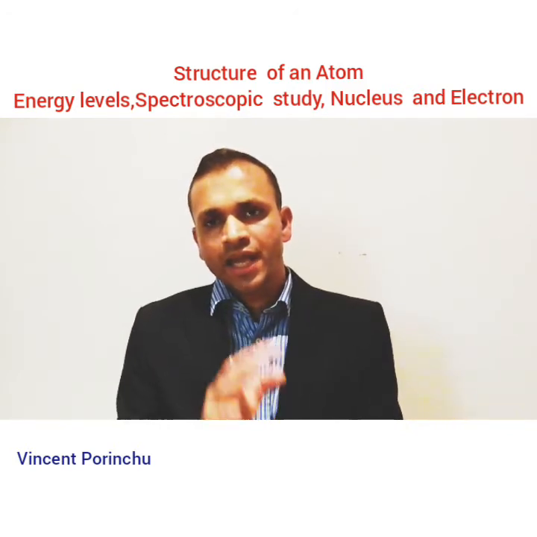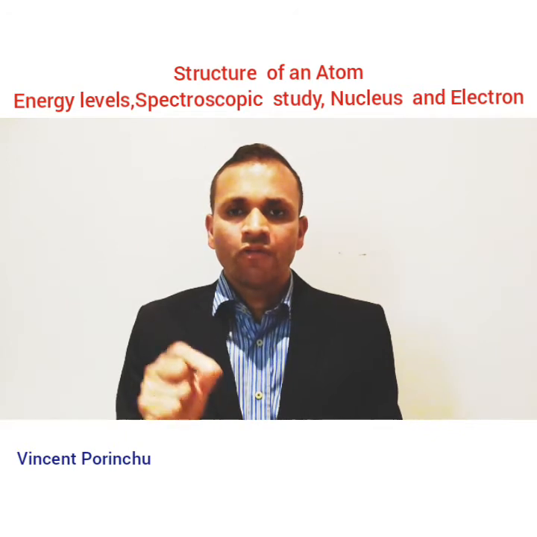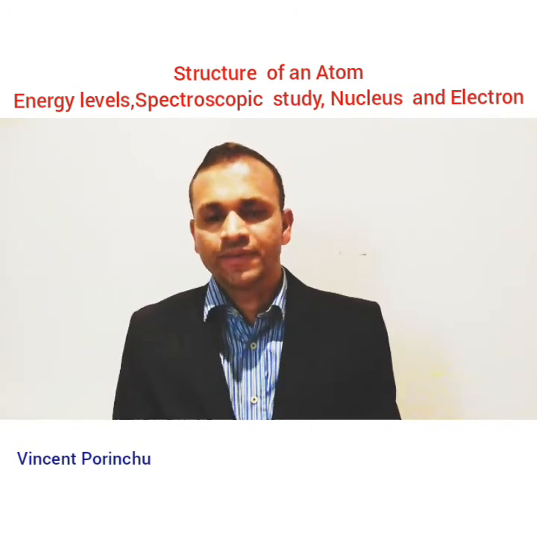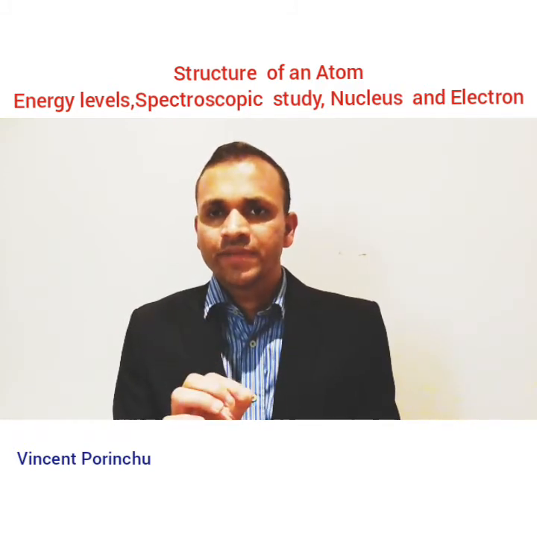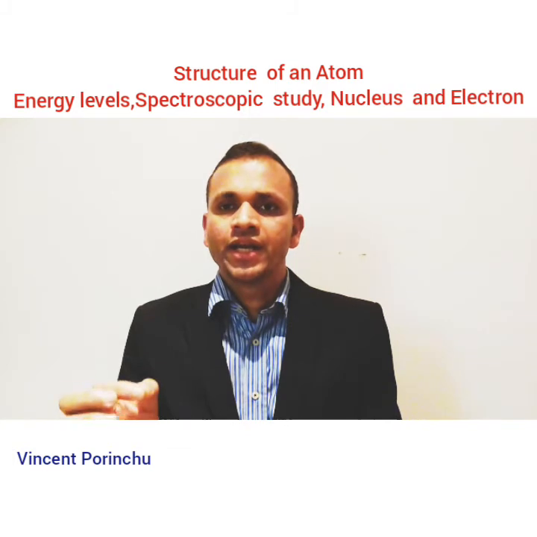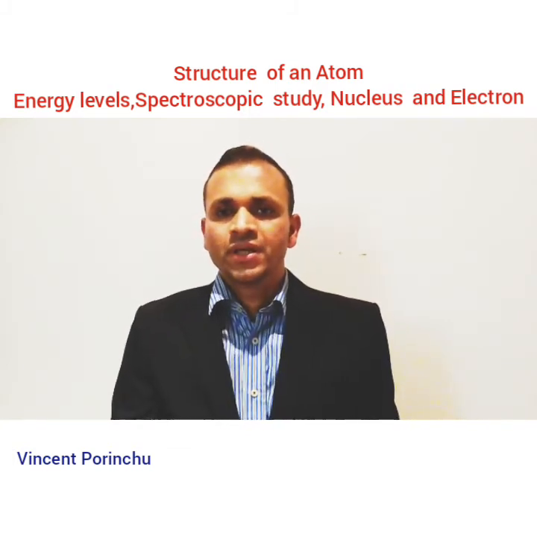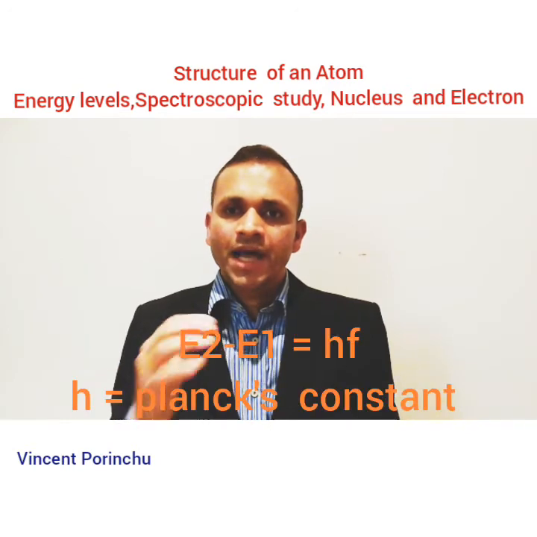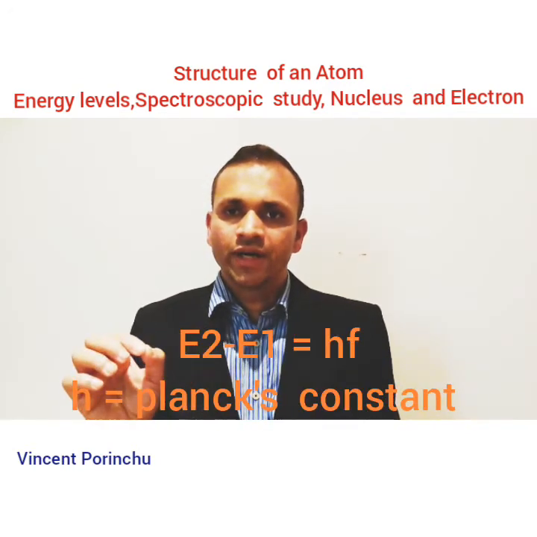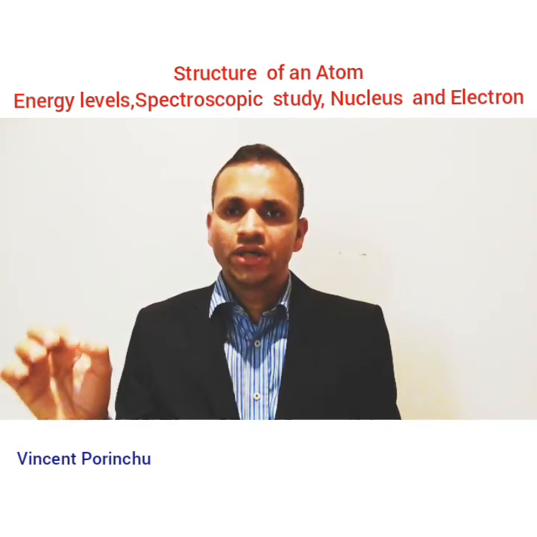That means capital E2 is the energy of that particular electron when it is in its excited state, and E1 is the energy of the same electron when in its ground state. So according to Planck's concept, E2 minus E1 is equal to h nu.